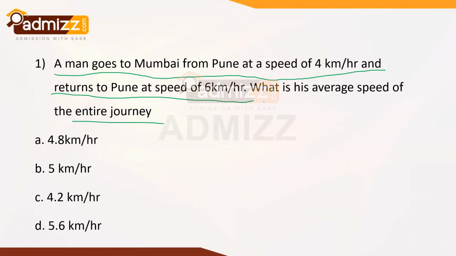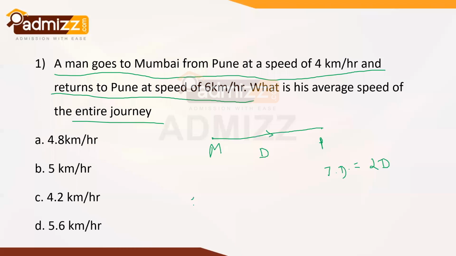So in this case, what we'll be doing is take a look at this. This is Mumbai, this is Pune. The total distance that this man travels is, if the distance is d, then the total distance td equals 2 times d, so 2d. And now what we have to find is the time for this total distance.